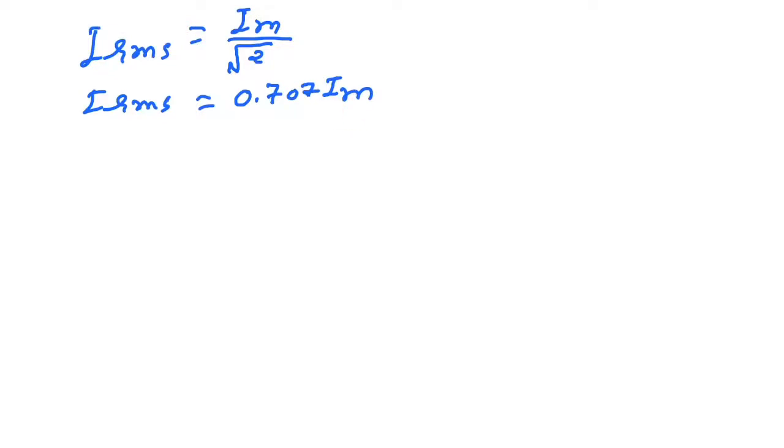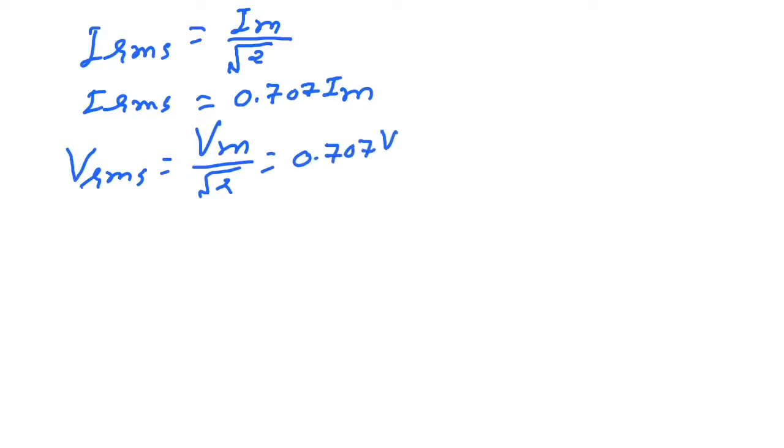Similarly, RMS value of alternating voltage V RMS is equal to V maximum divided by root 2, or 0.707 times V maximum. The RMS value of an alternating current is of considerable importance in practice because the ammeter and voltmeter record the RMS value of alternating current and voltage respectively.